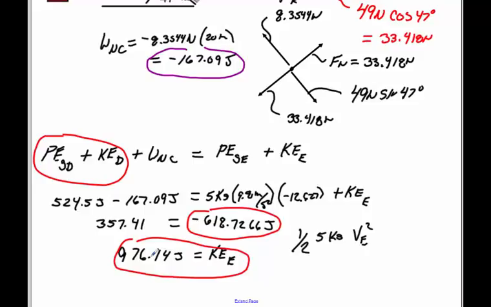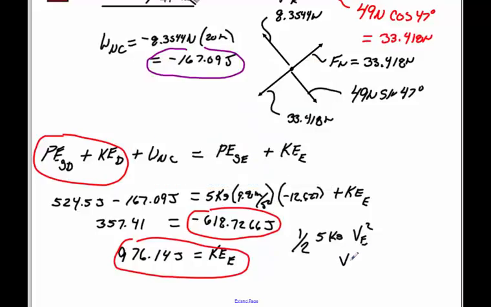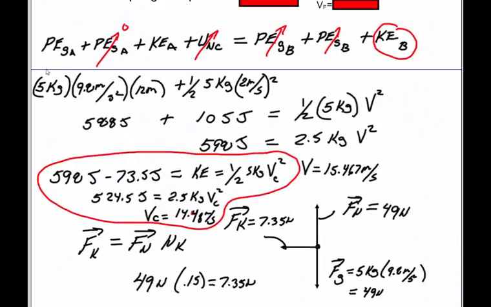So we'll take that value, multiply it by 2, divide it by 5, and take the square root of that, and that's going to give me a velocity at E of 19.76 meters per second. Again, let's just go up and verify that. And the velocity I have at E is 19.76. So we're doing great right now.